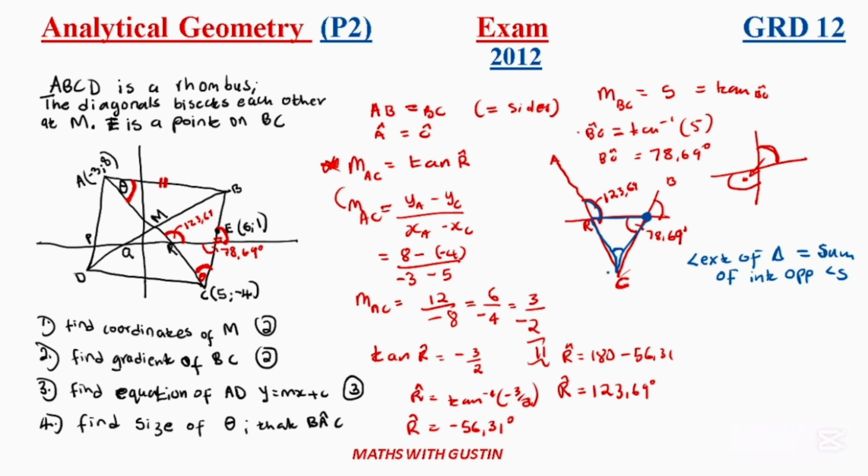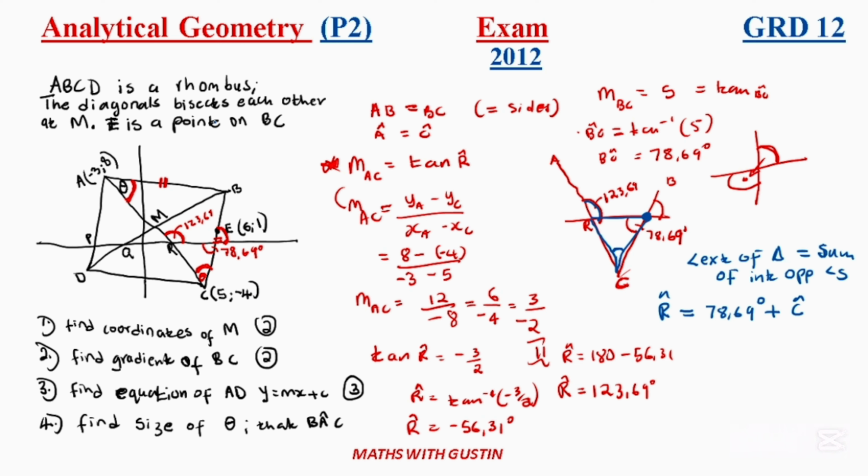So now it means R, which is that angle there, should be equal to this angle that we are talking about of 78.69, plus C, and remember C is equal to that angle there, theta.